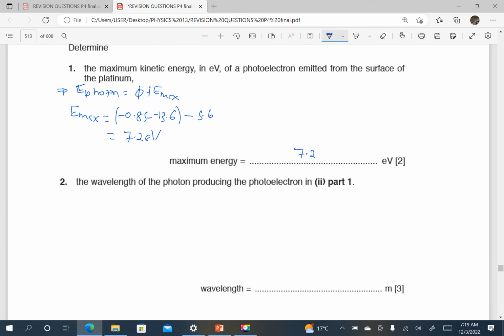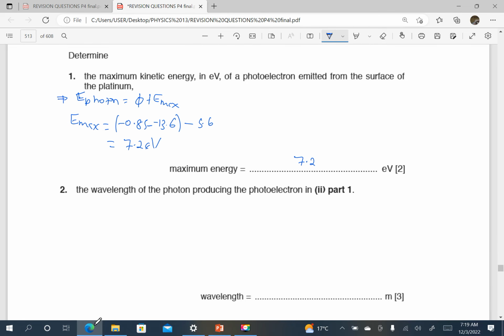Then the wavelength of the photon producing the photoelectron in part 2. We know that energy is equal to hf, which is equal to hc over lambda.